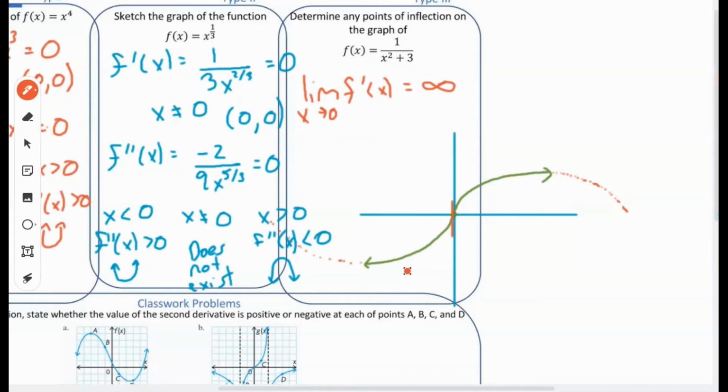And also, notice that we can have a point of inflection when the function for the second derivative is undefined, right?